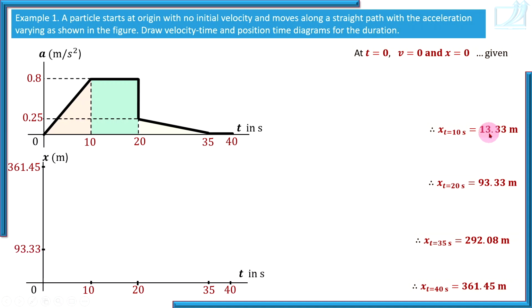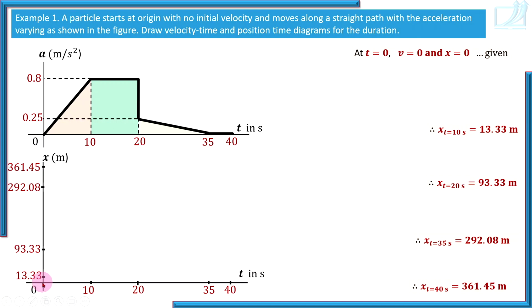Then 13.33. So 93 about 100 and 13.33 nearly 10. So it is 1/10 approximately. So this is how we should take care of proportion, so that we will be able to draw a proper curve. Then 292. So this is how I marked at this point also. And at t equal to 0, x is 0, we already know that point.